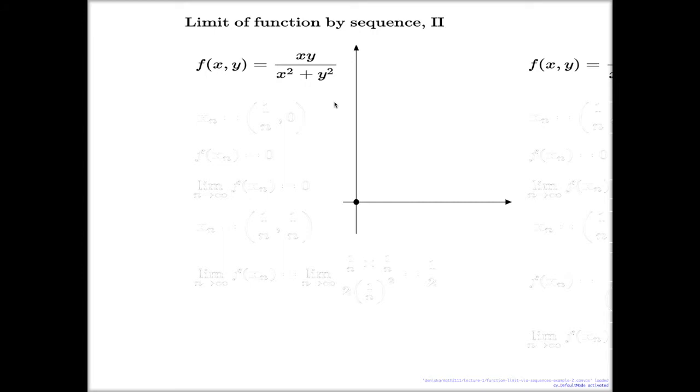It's the first function. Well, the function is not defined in the origin. You can't really do it, because if you put 0, 0, it will be 0 at the bottom. You can't divide by 0. However, what we meant to show here is that the function doesn't have a limit when x approaches 0.